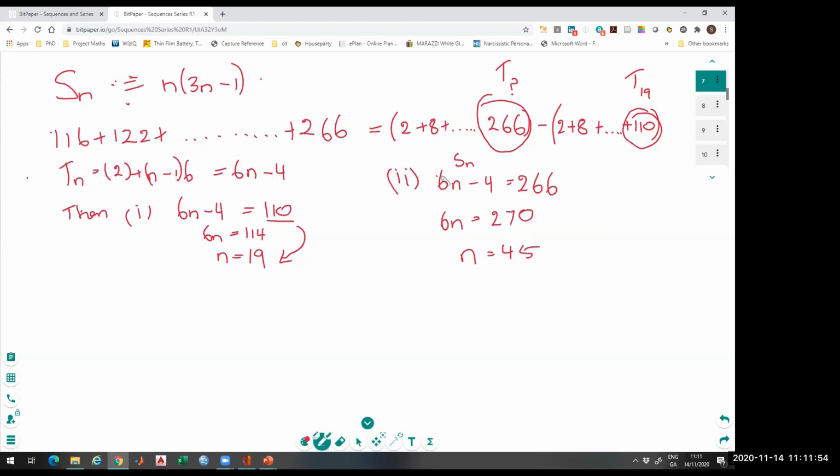So that tells us that 266 is term 45. Therefore, we have 116 plus 122 up to 266 is equal to S45 minus S19.